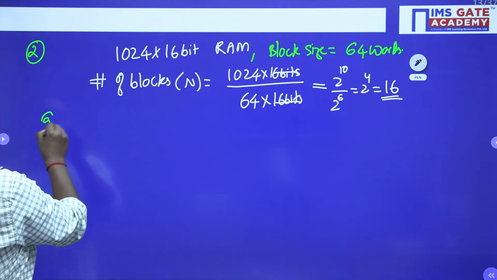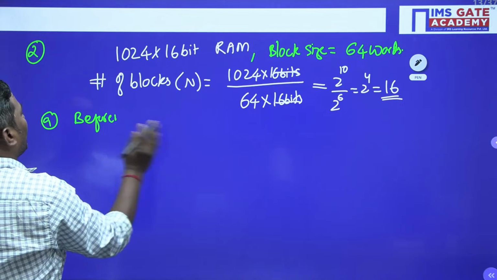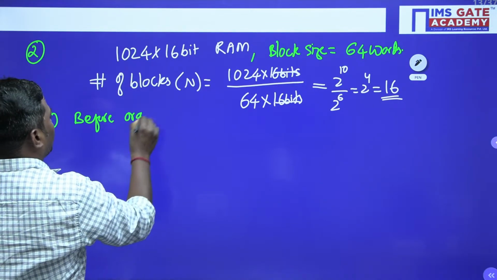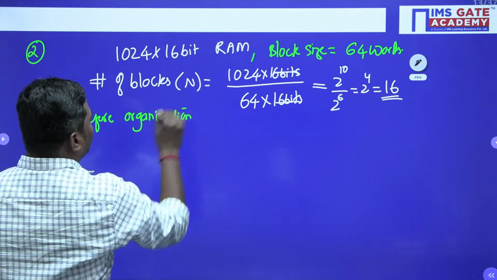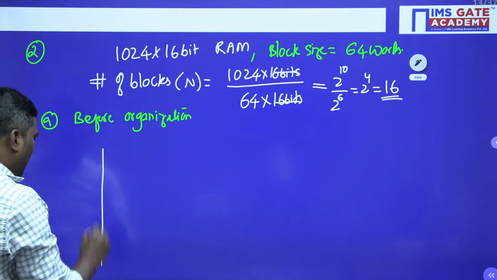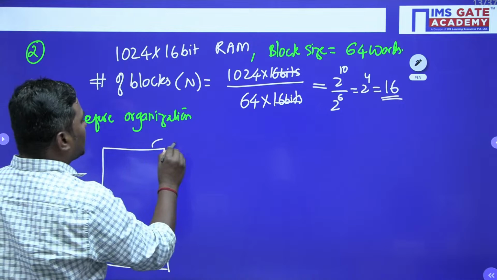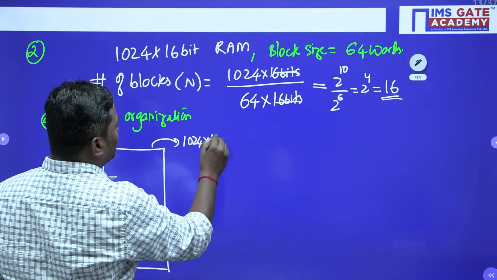First, see how memory looks before organization, before making memory in terms of blocks. This is the memory. What is the size of the memory? 1024 by 16 bits, right?